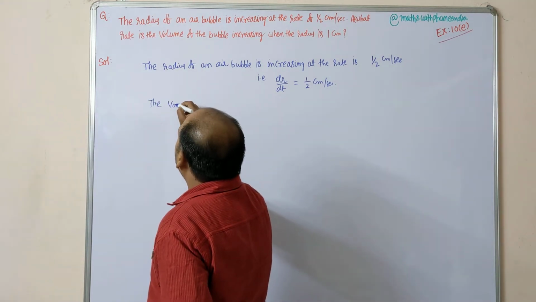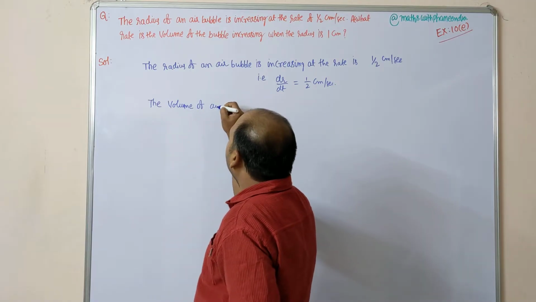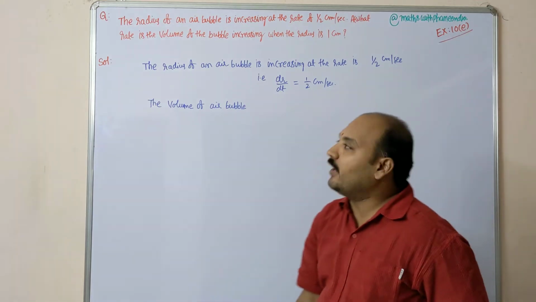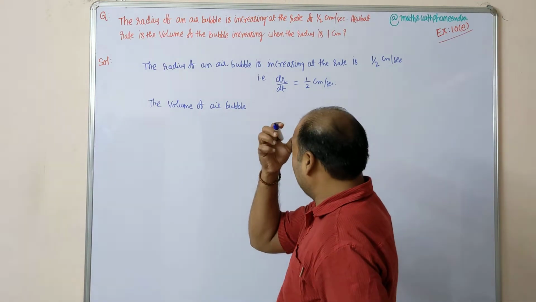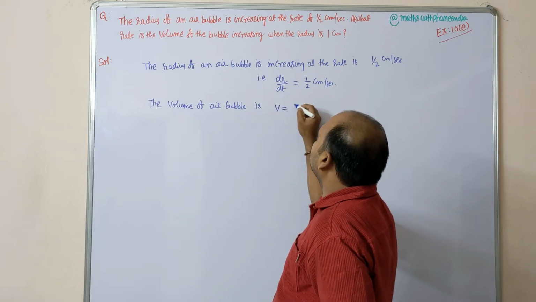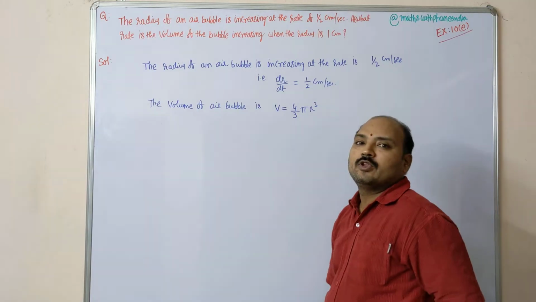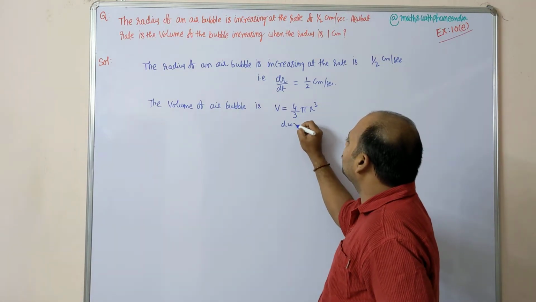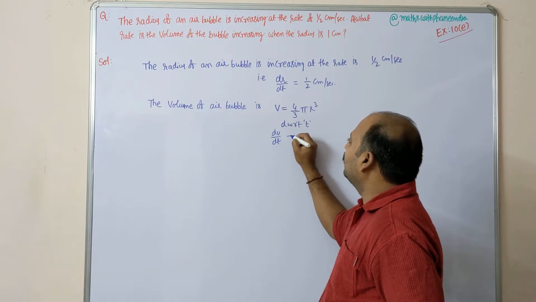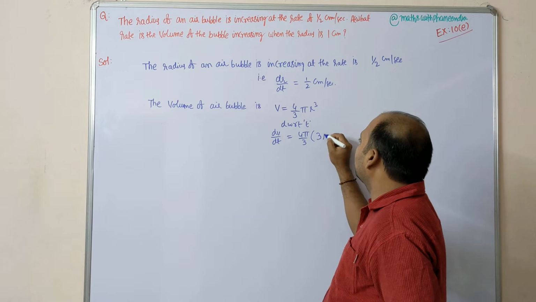The volume of the air bubble is V is equal to 4 by 3 pi r cube. So differentiating with respect to t, dV by dt equal to 4 pi by 3. R cube derivative is 3r square.